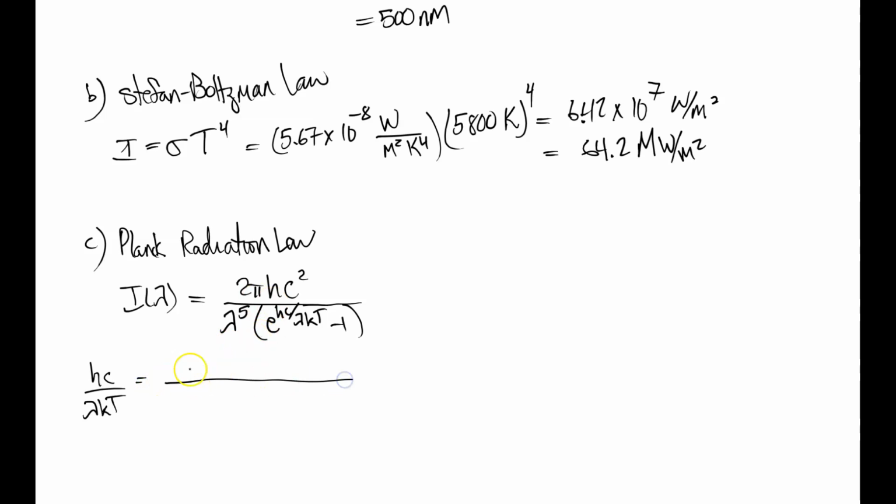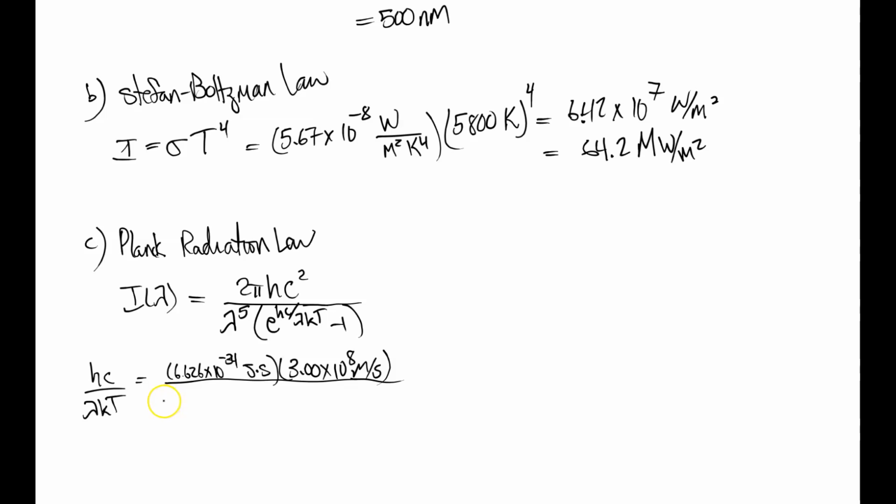So h is 6.626 times 10 to the minus 34 joule seconds. c is 3 times 10 to the 8th meters per second.